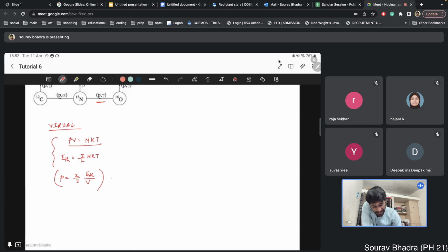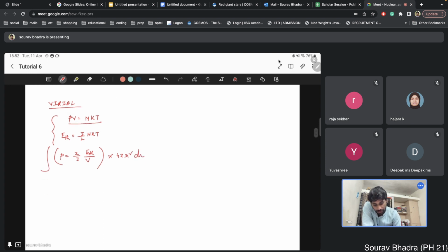Now suppose you are integrating it with a volume element 4 pi r square dr. So on the left hand side and right hand side we are doing the volume integral, and that will give you PV is 2/3 E_th total.